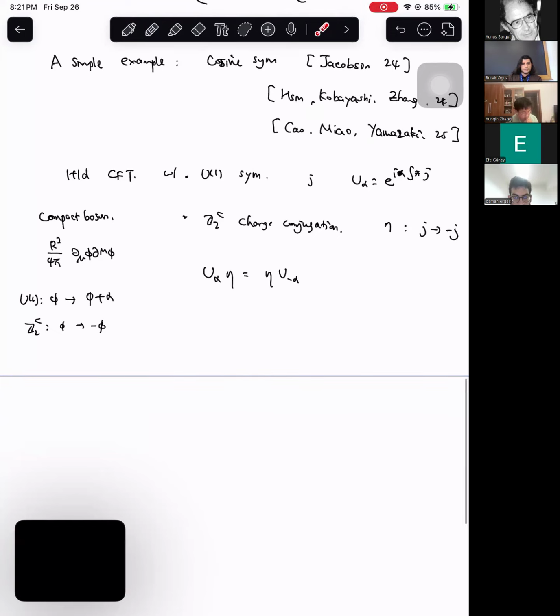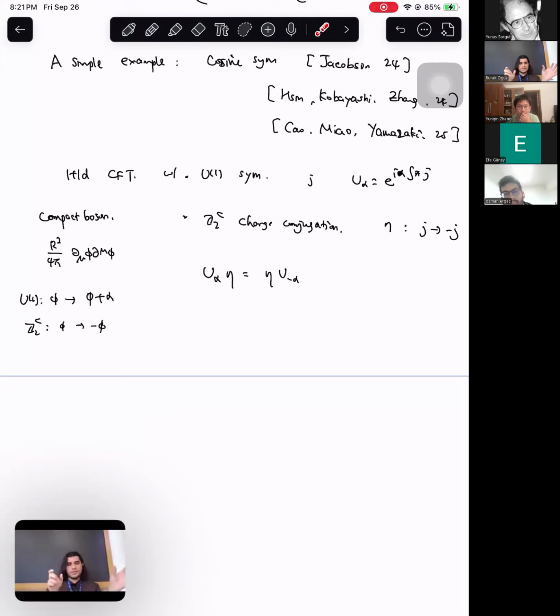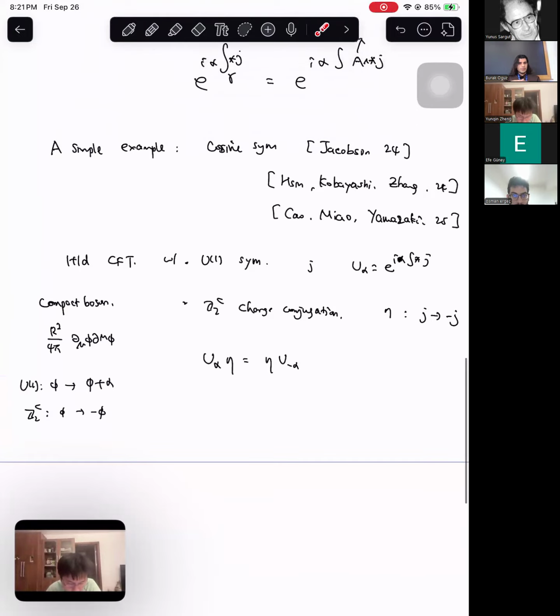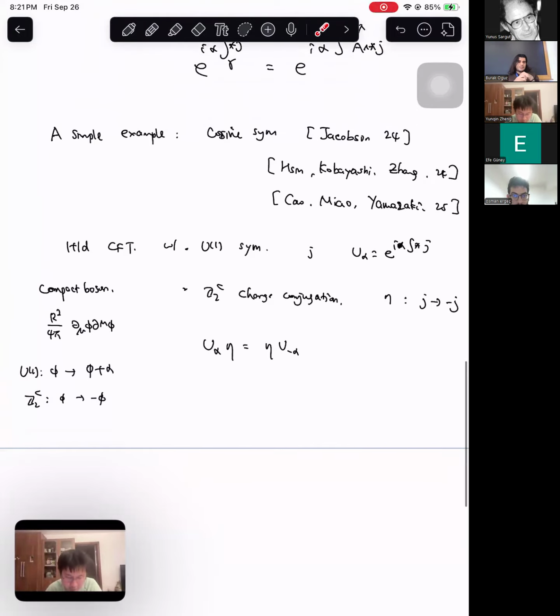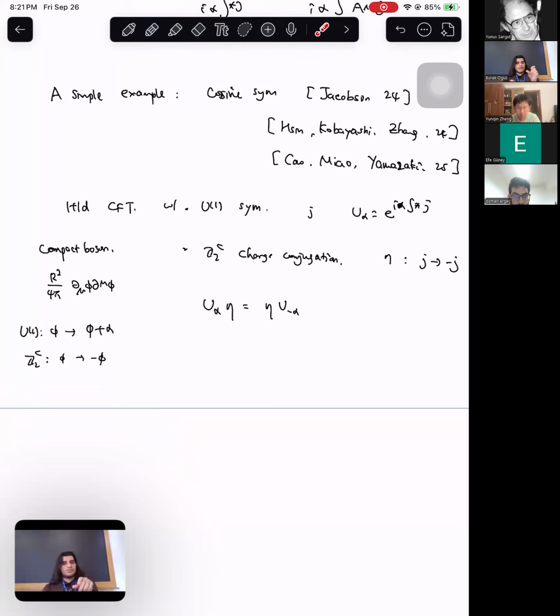Can I ask a question? Yes, please. In the first example you discussed, we had a U1 symmetry with Z2 with a mixed anomaly, but in the second one we have two U1s. Sorry, there's no mixed anomaly. Why do you say that there's a mixed anomaly? The Z2 acts on the topological defect of U1. Isn't that an anomaly? It just means that there's a non-trivial symmetry algebra.